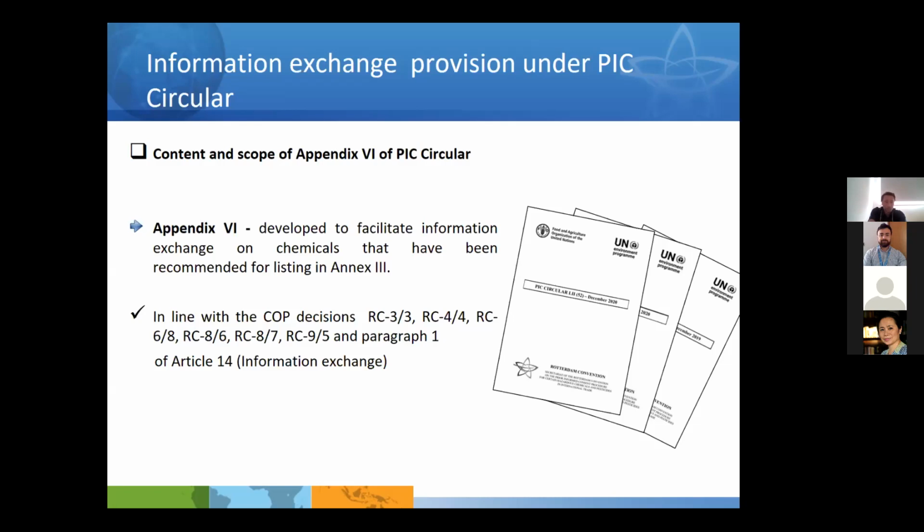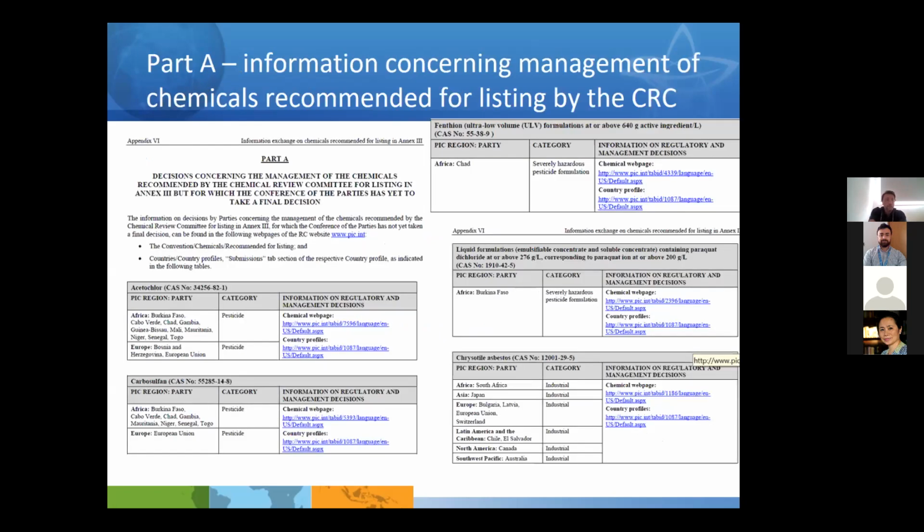Namely, the COP decisions RC33, 44, RC68, 86, RC87, and RC95. And also paragraph 1 of Article 14, the one I already mentioned and explained in detail. So this Appendix 6 of the PIC Circular contains 2 parts.